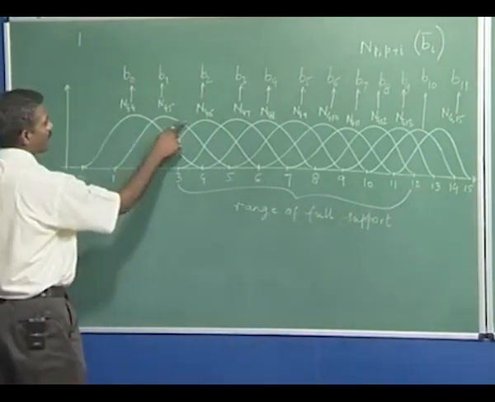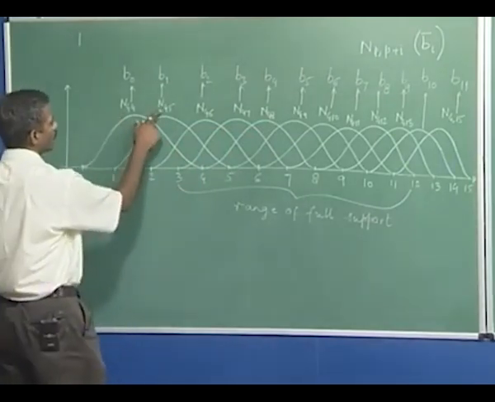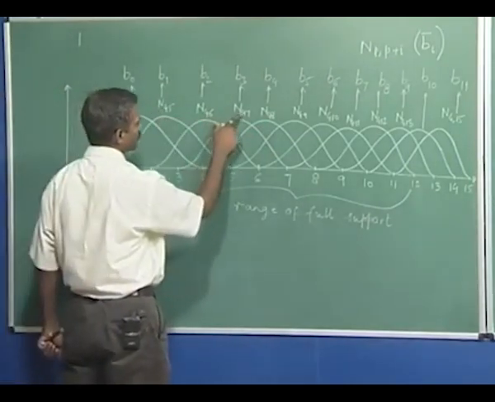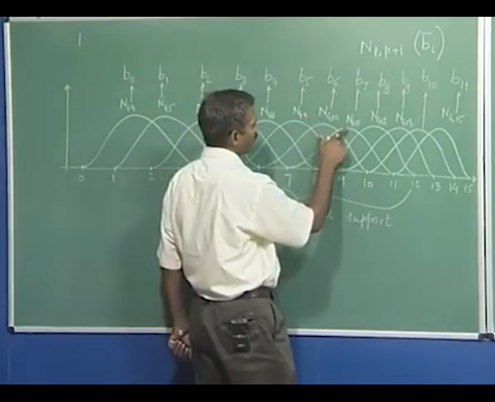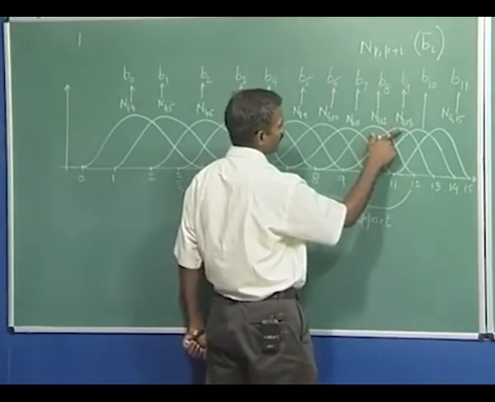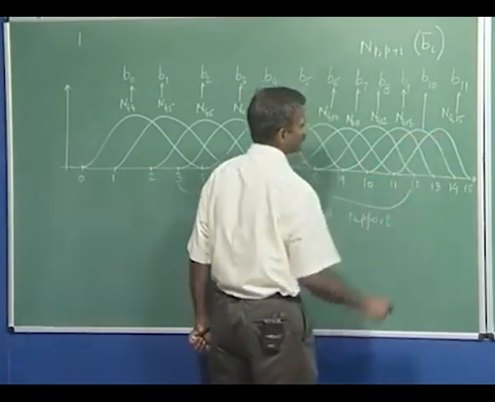And these are my individual B-spline basis functions: N44, N45, N46, N47, N48, N49, N410, N411, N412, N413, N414, and N415.